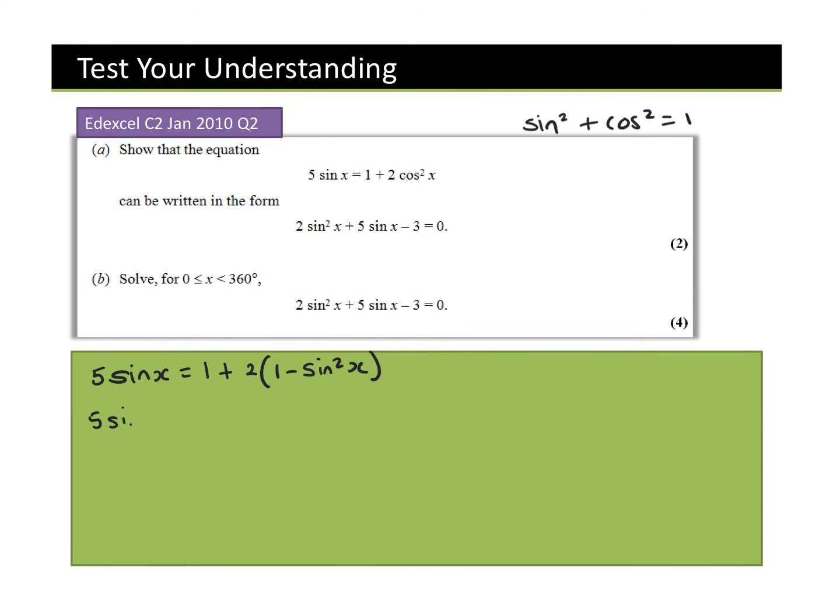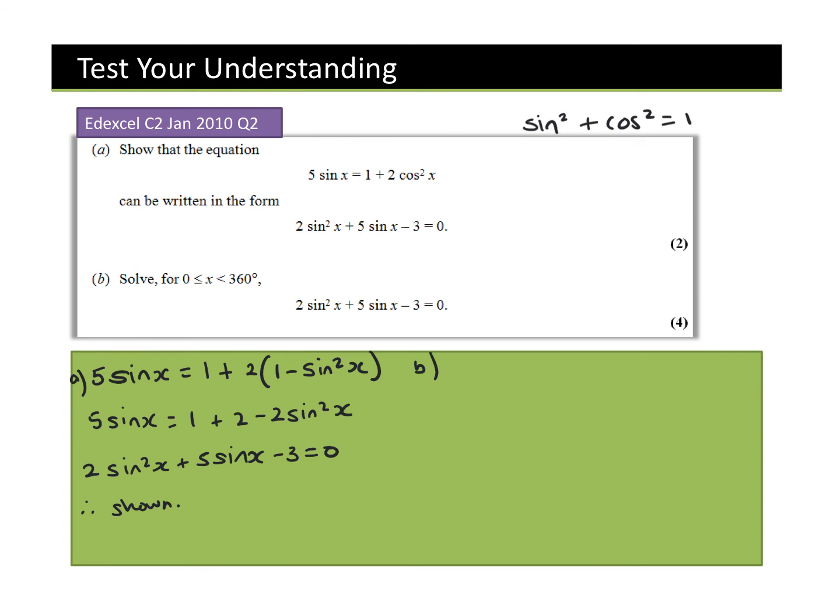So we're going to have 5 sine x equals 1 plus 2 minus 2 sine squared x. If I rearrange this, I'm going to have 2 sine squared x plus 5 sine of x minus 3 equals 0. So therefore shown. So that's part A, nice and simple.